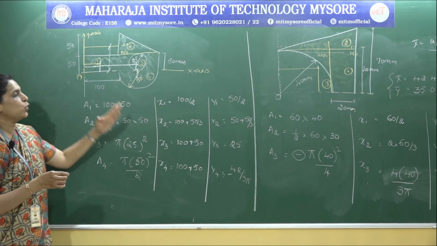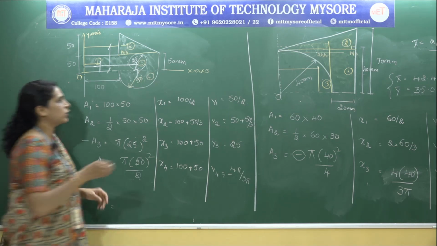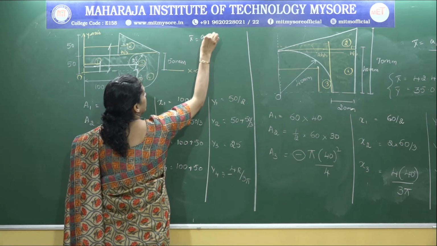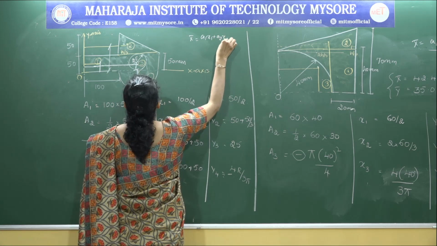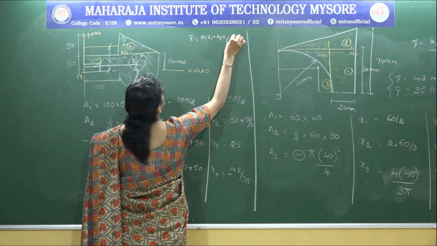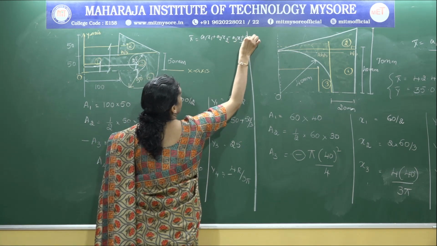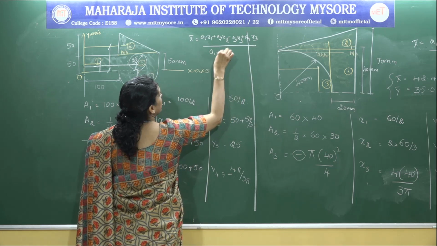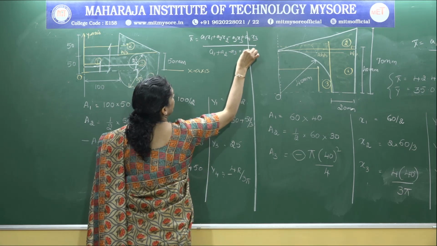Now, upon substituting all the values in the expression of x bar as a1 x1 plus a2 x2 minus a3 x3 plus a4 x4 divided by a1 plus a2 minus a3 plus a4.